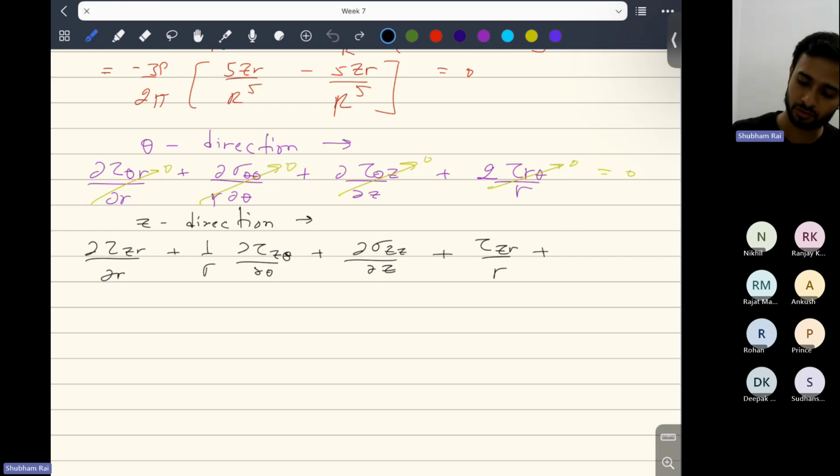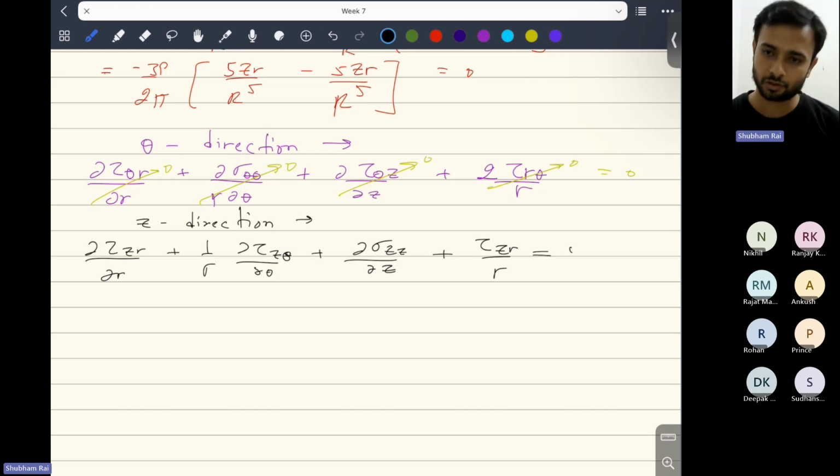Obviously body force is not zero, so I'm not writing this term, so this should be equal to 0. Out of that, the second term is automatically satisfied because tau z theta is 0.